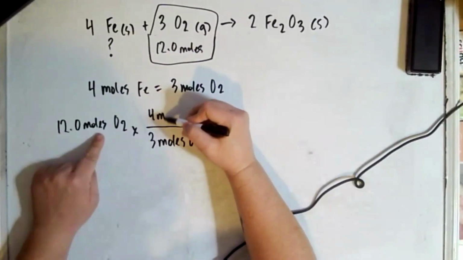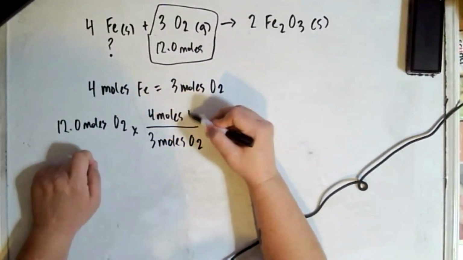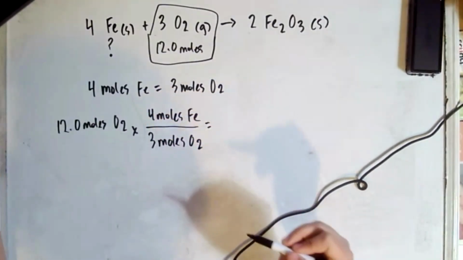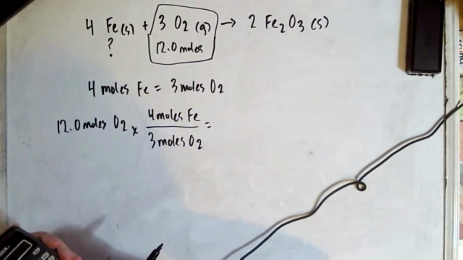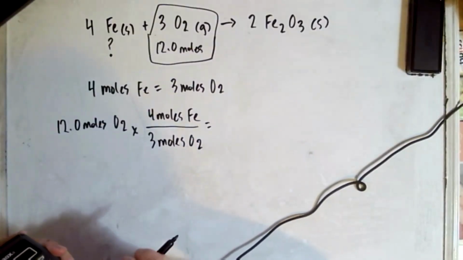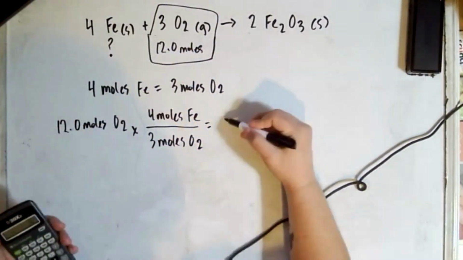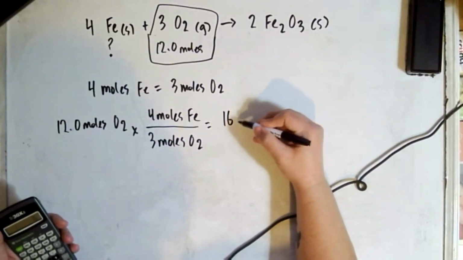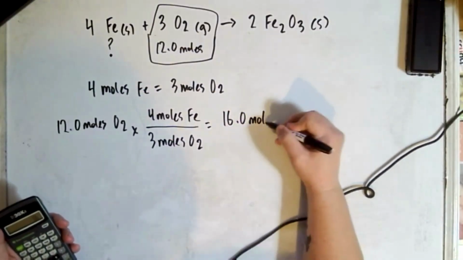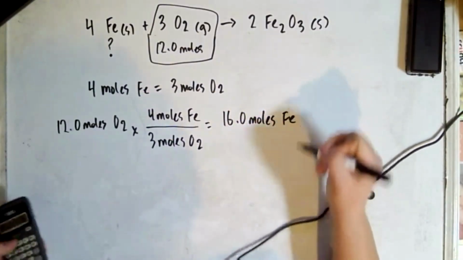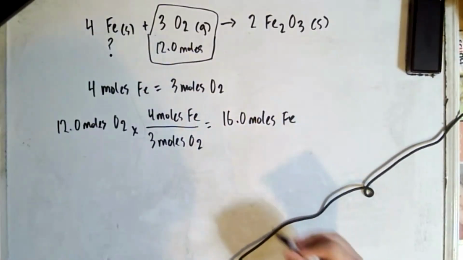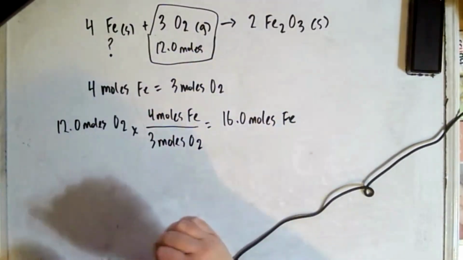And our 4 moles of iron are going to go up top. So we're going to have 16 moles of iron that are required to react with 12 moles of oxygen.